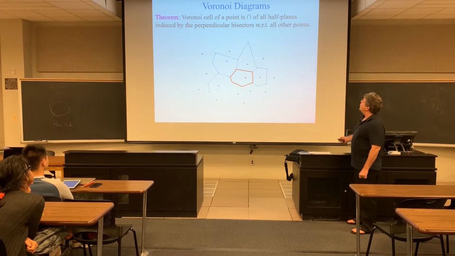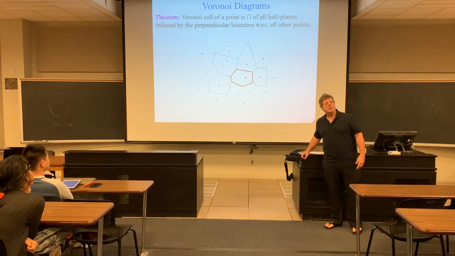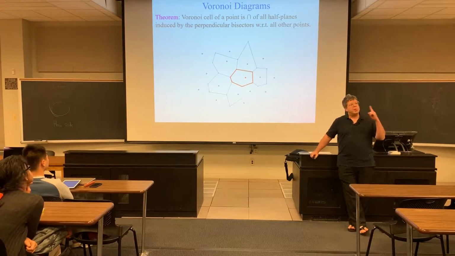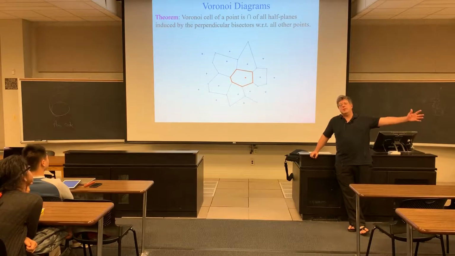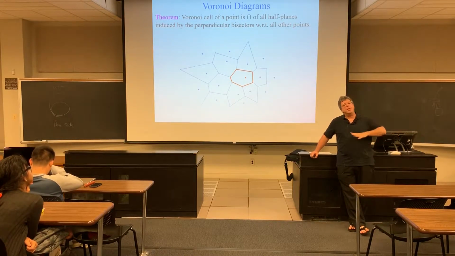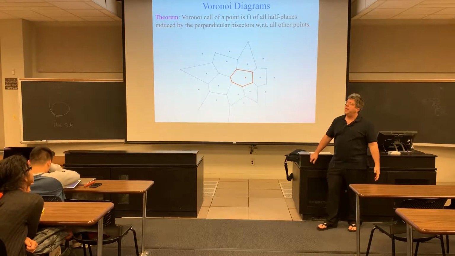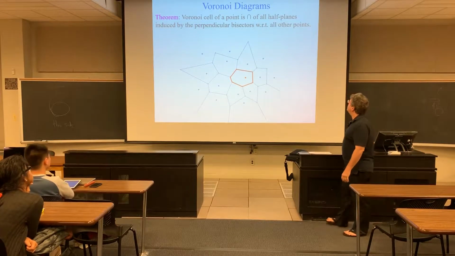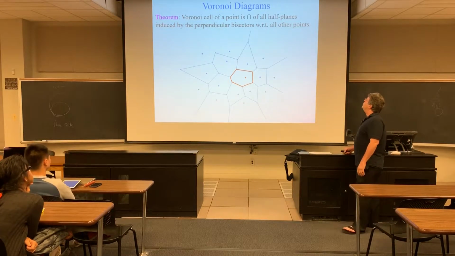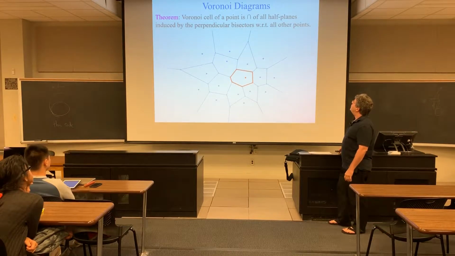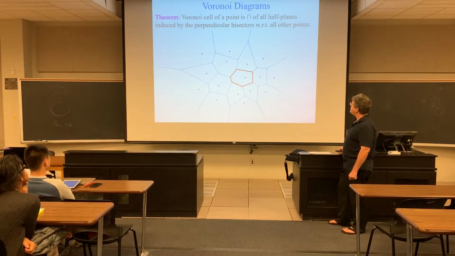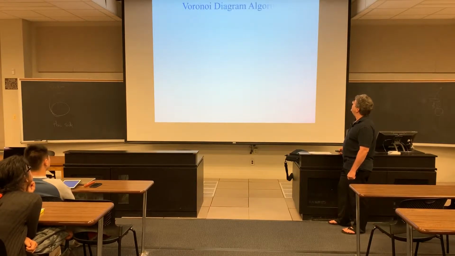And then the question is, how long does it take you to intersect these half planes? There could be n of them for a particular point, because there's n minus 1 other points, and so there's n minus 1 half planes, and for every point you have to consider the intersection of n minus 1 half planes, a linear number of half planes. That's not trivial to do. That's not extremely fast, but you can do it relatively efficiently if you're clever enough.